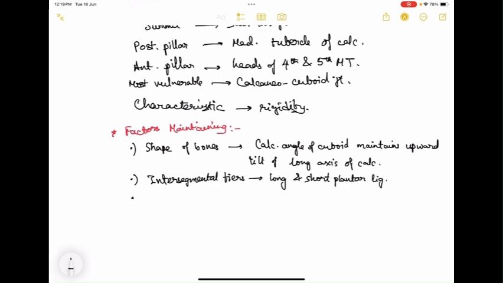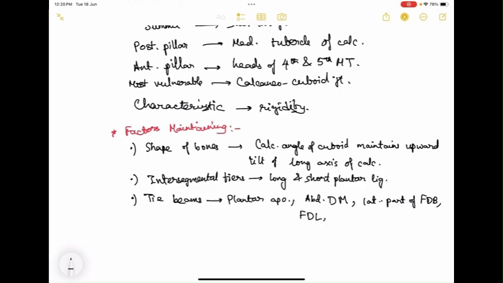Tie beams: plantar aponeurosis. Every time this fellow is coming, no? So maybe he's important. Abductor digiti minimi. Okay, not district magistrate, digiti minimi. Lateral part of flexor digitorum brevis, flexor digitorum longus, and flexor digiti minimi brevis.